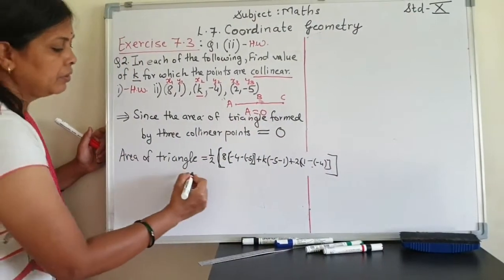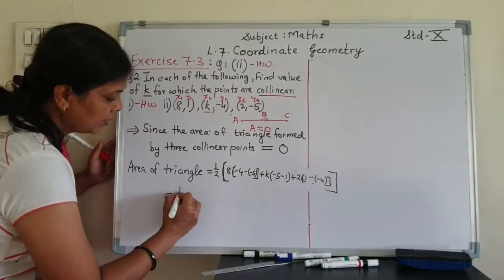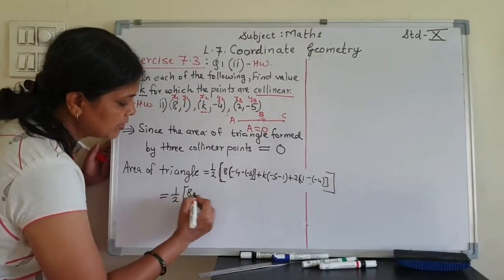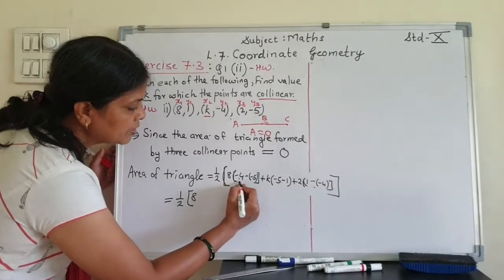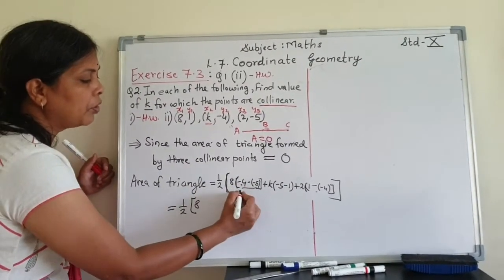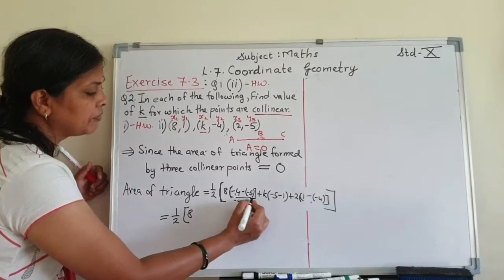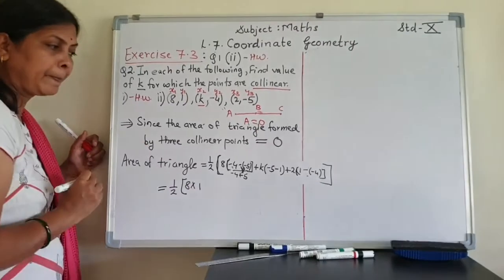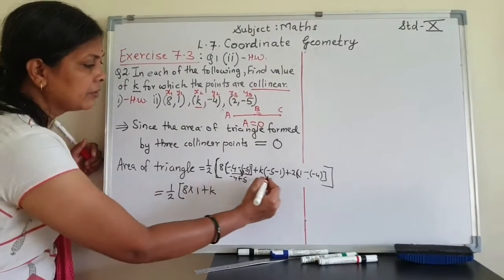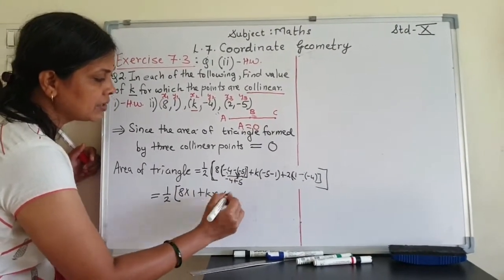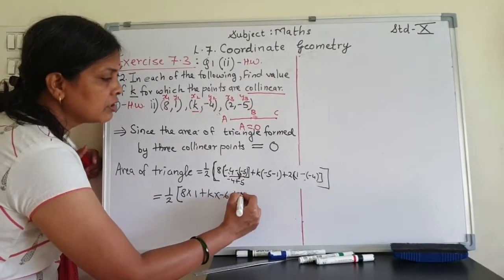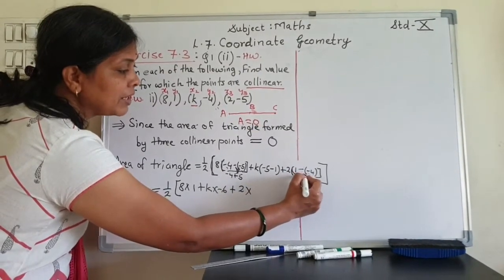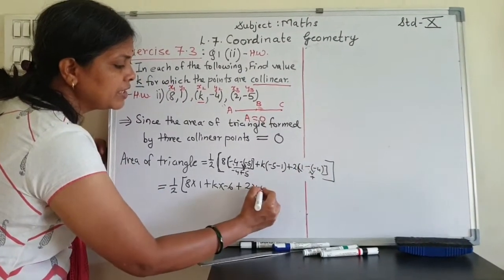In big square brackets. So here we get half, yes, 8, this is -4, and this, simplify this bracket, -4 and plus 5, minus becomes plus. So what we get here, 1 plus k, now this is into -6, easily we get this, plus 2 into, now 1 and minus becomes plus, 1 plus 4 is 5.